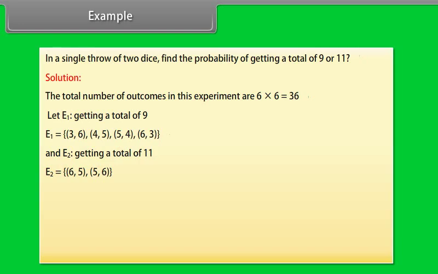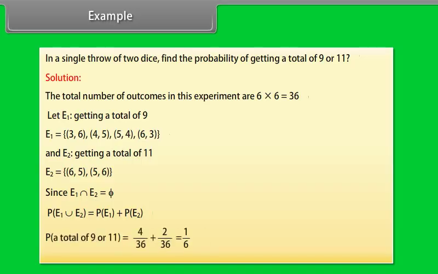E2 is equal to {(6,5), (5,6)}. Since E1 intersection E2 is equal to empty set, P(E1 union E2) is equal to P(E1) plus P(E2). P(a total of 9 or 11) is equal to 4 by 36 plus 2 by 36 is equal to 1 by 6.